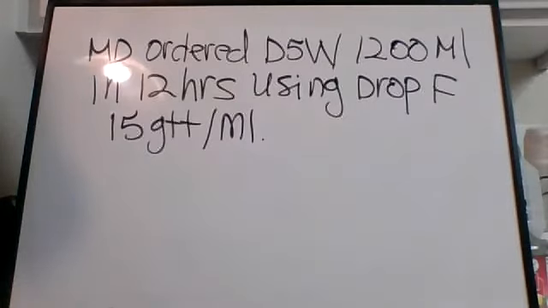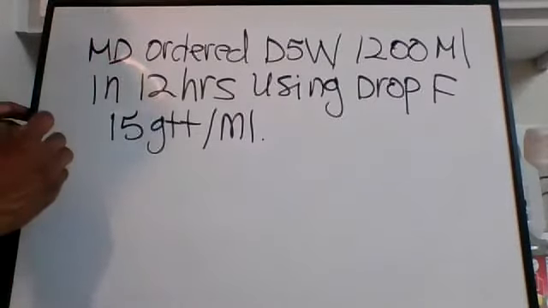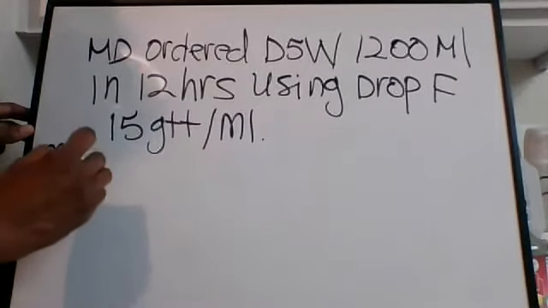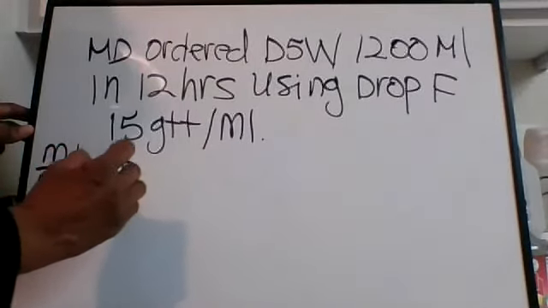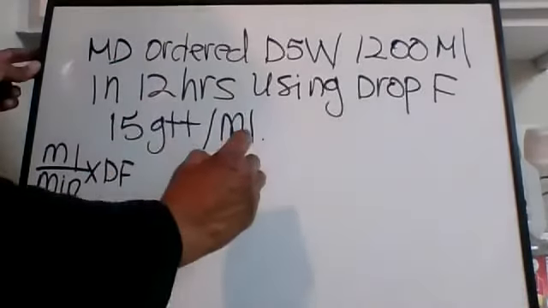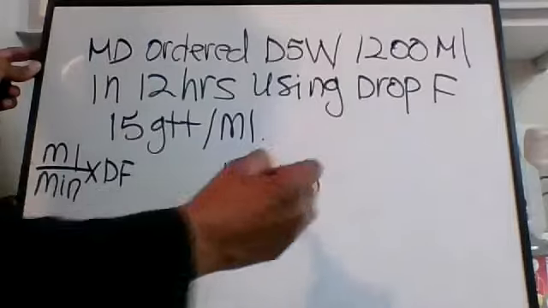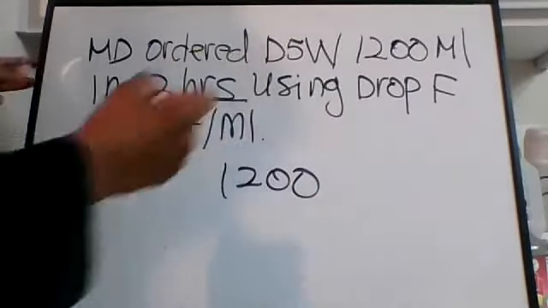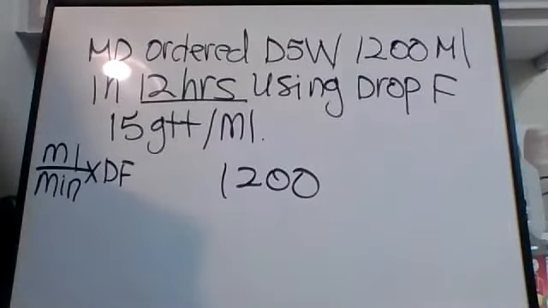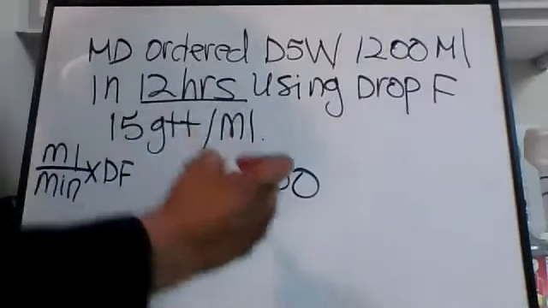You can look at it. We know the formula: milliliters over minutes, times drop factor. So we take our 1,200 first. We know we have to convert those 12 hours to minutes. That would be 12 times 60, which gives us 720.